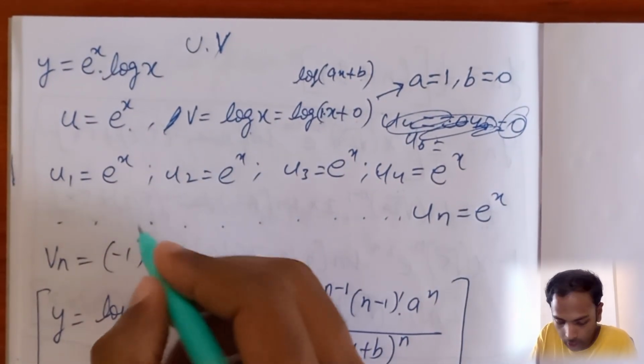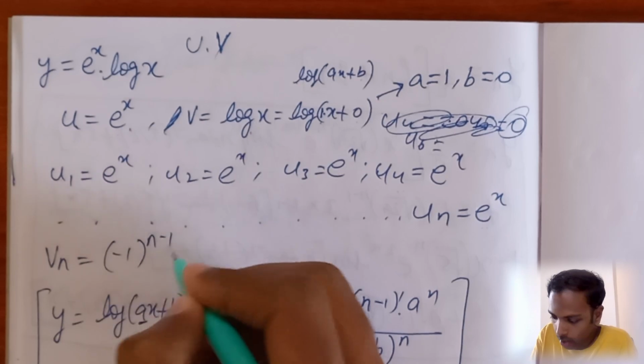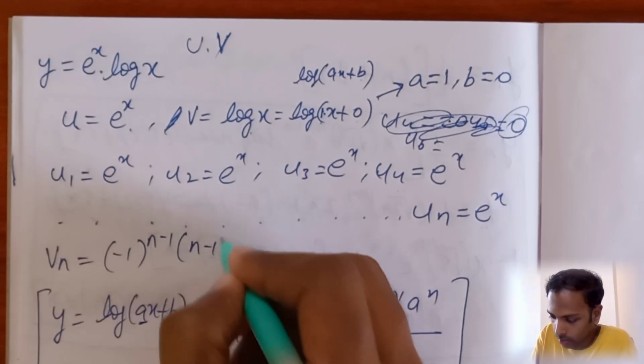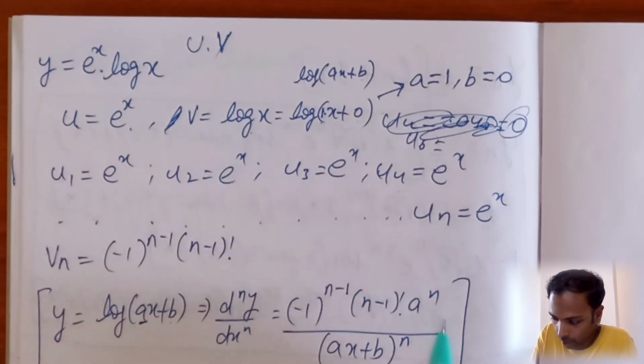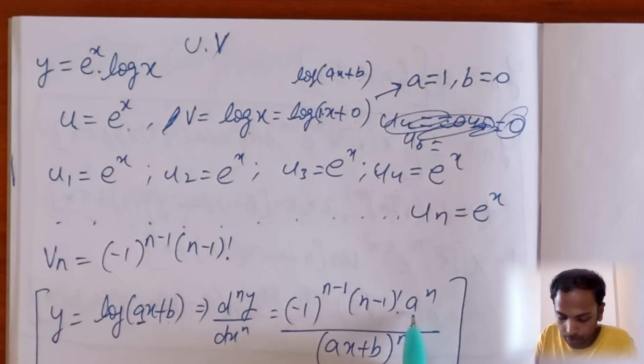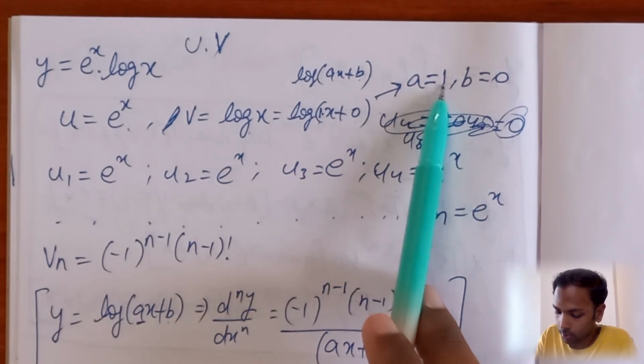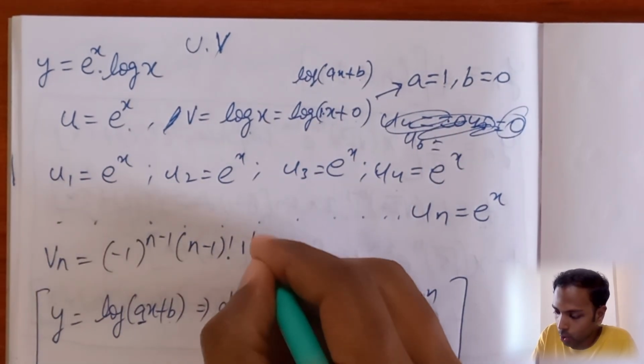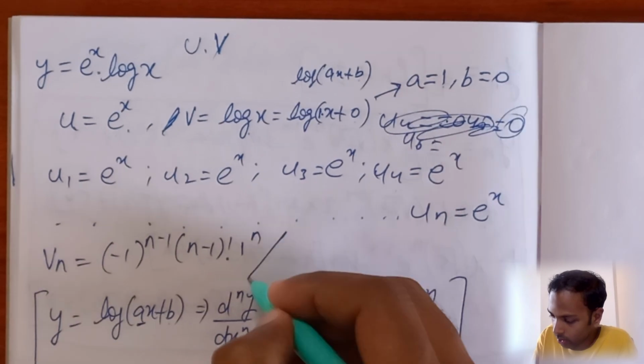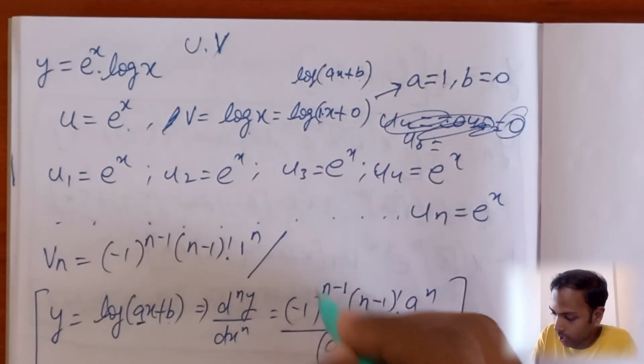So Vn would finally be (−1)^(n−1) into (n−1) factorial into a to the power n. What is a? 1. So 1 to the power n, divided by (ax + b).